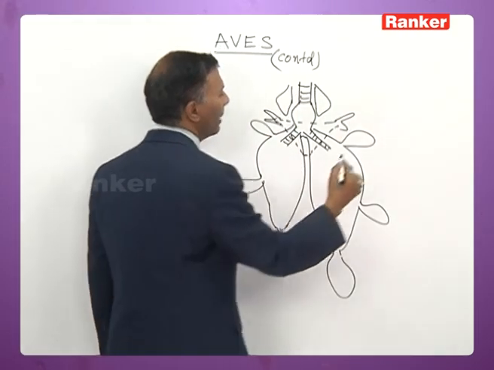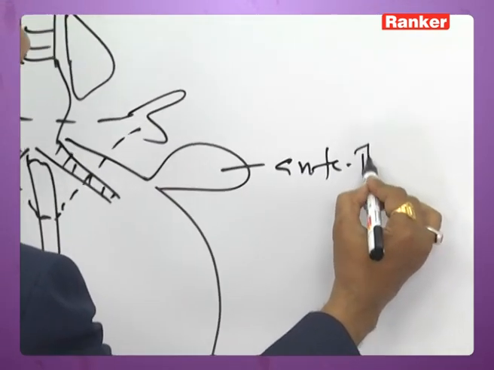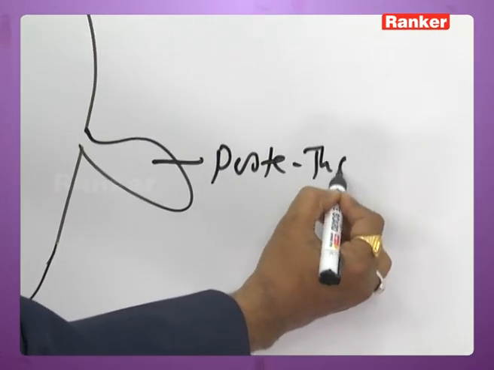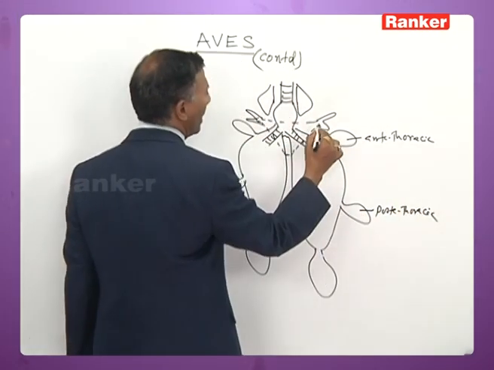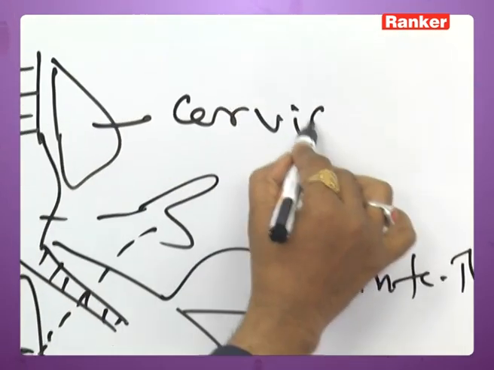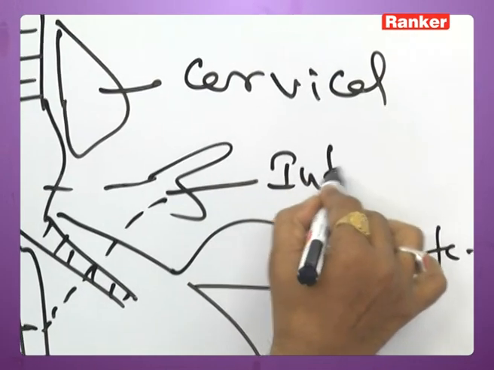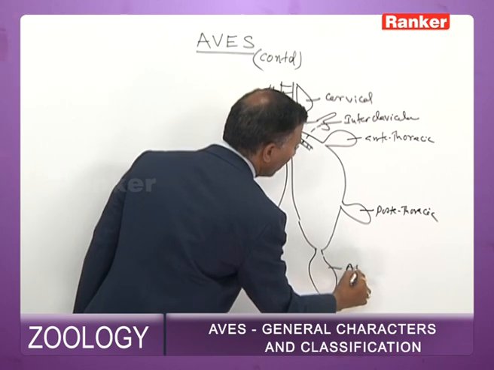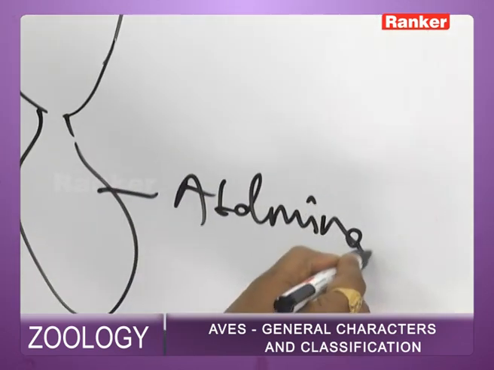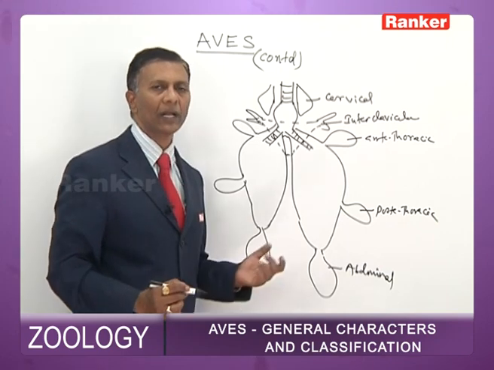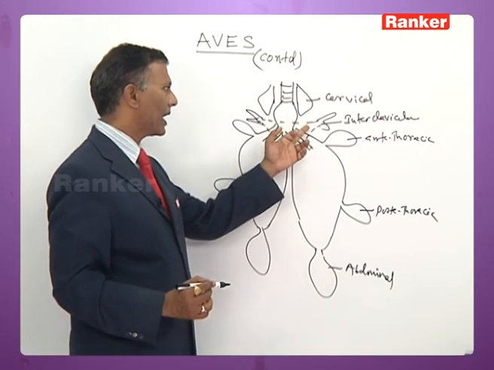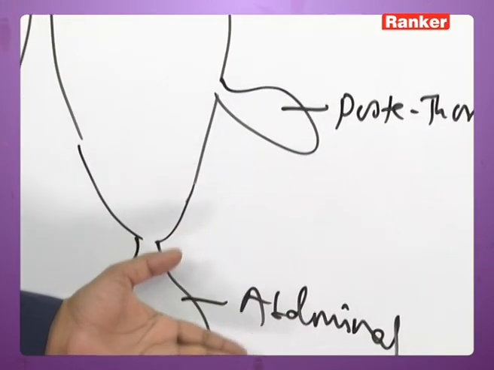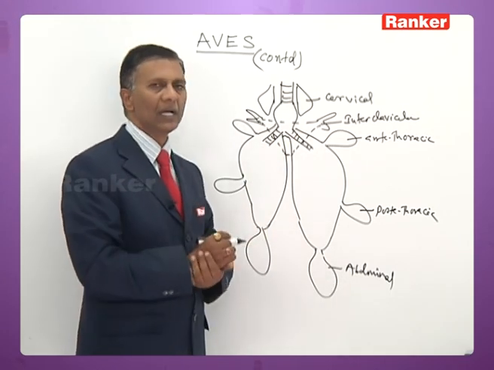So it has a pair of anterior thoracic, a pair of posterior thoracic, a pair of cervical, an interclavicular, and a pair of abdominal. Like this, 9 air sacs are present altogether. Among these, only the interclavicular air sac is unpaired. All the other sacs are paired.